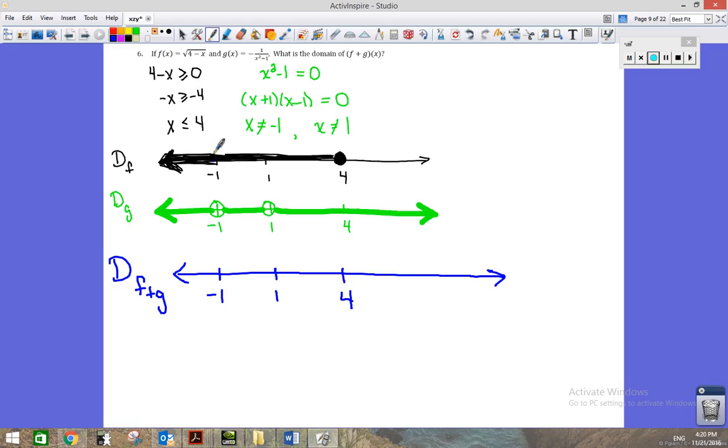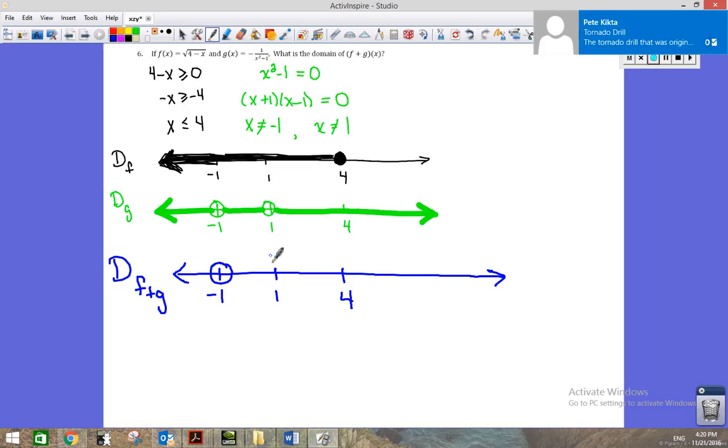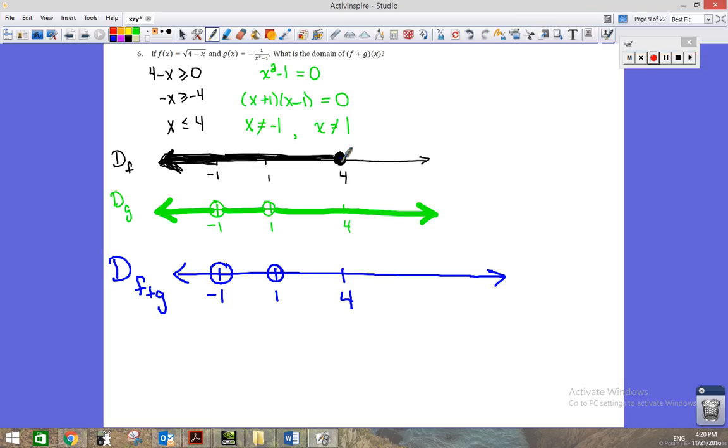Was negative 1 in both the domain of f and the domain of g? Well, no. It's not in the domain of g, so it can't be in the intersection. To be in the intersection, you have to be in both. One is in the domain of f, but not in the domain of g, so it is not here. Now, 4 is in the domain of f, and 4 is also in the domain of g, so 4 is going to be in my intersection.